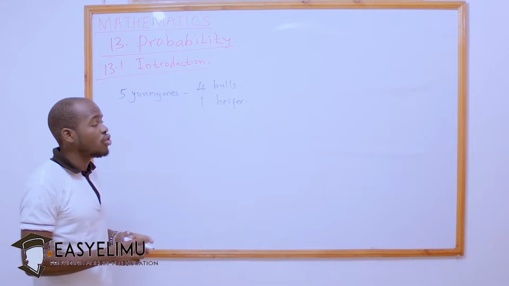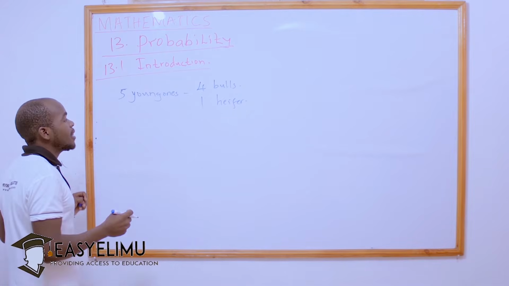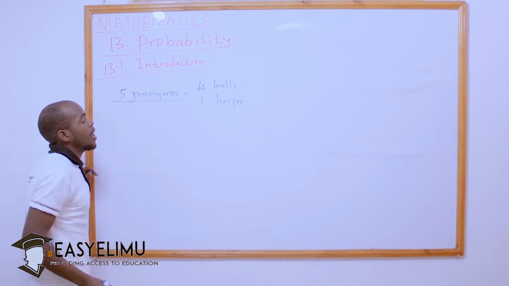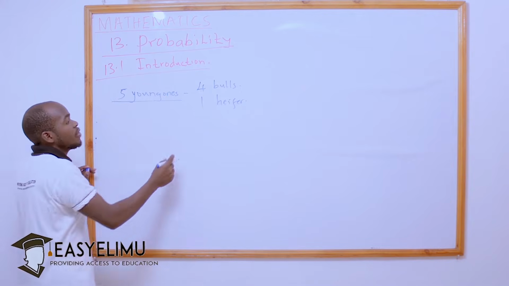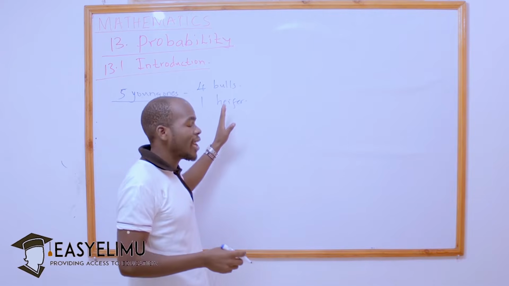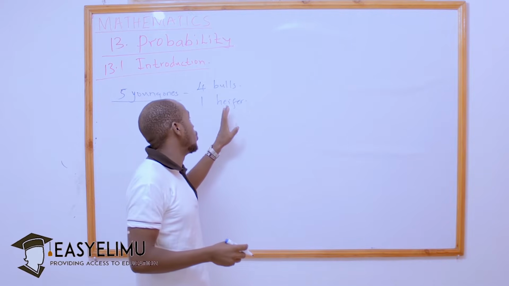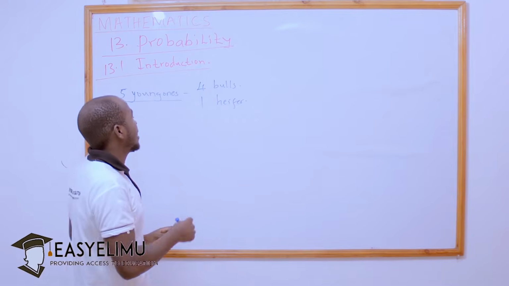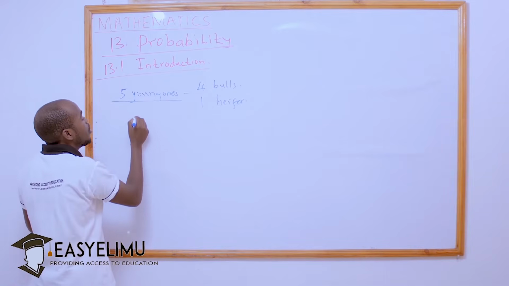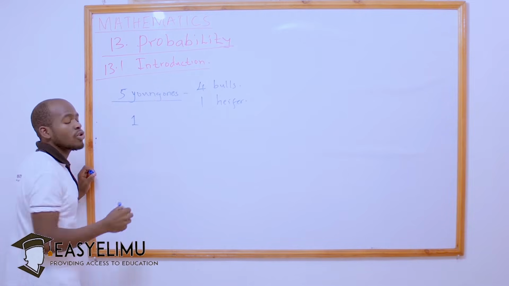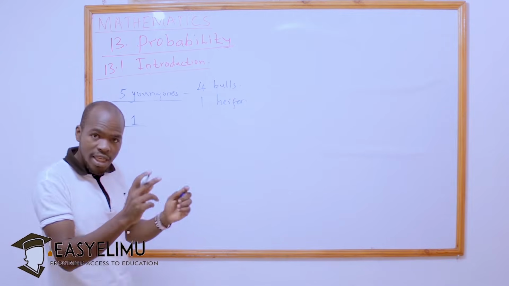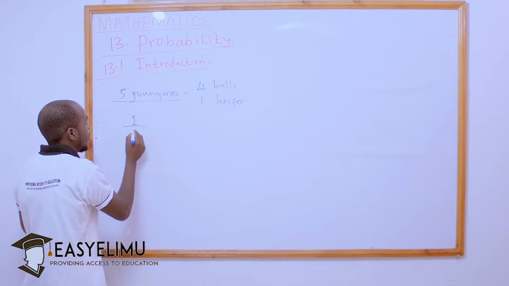So in that case, to find the chance of the 6th being a heifer, you will take the total of the young ones, which is 5, and only one heifer within that past time, which was given birth to with the 4 bulls. Then the chance of that cow giving birth to a heifer is one heifer over the total number of young ones the cow gave birth to, which is 5.